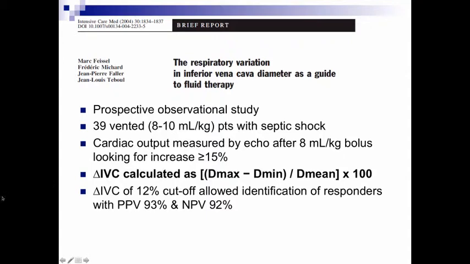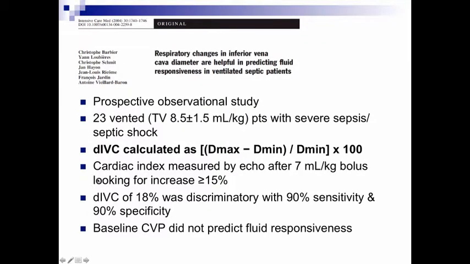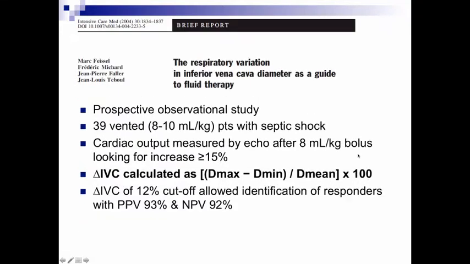The number that they used is a little bit different in terms of how it was derived. The first study used what they call distensibility of IVC, so max minus minimum diameter divided by minimum diameter times 100. These investigators used delta IVC, which they calculated as maximum diameter minus minimum diameter divided by the mean diameter.